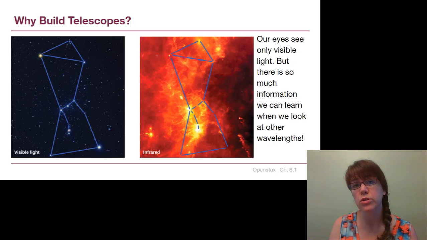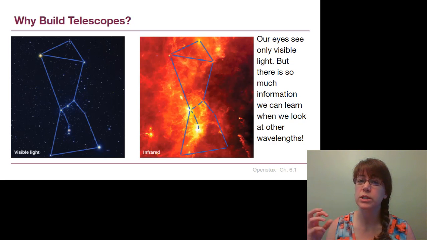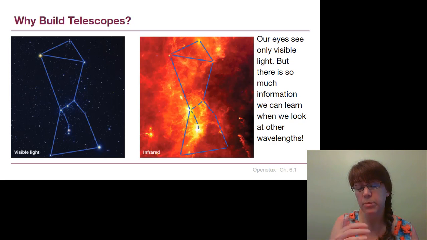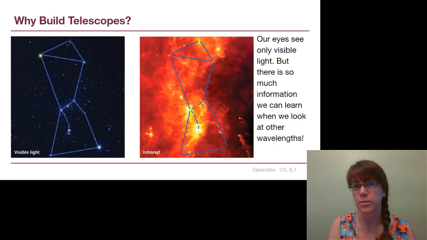If instead we use a telescope to take an infrared image, then what we get to see is where all of the dust is. So clouds of gas and dust that are warm, and so they emit infrared light the way that humans do, but they're not hot, and so they're not creating visible light except in small pockets where there's enough of that gas to be glowing.